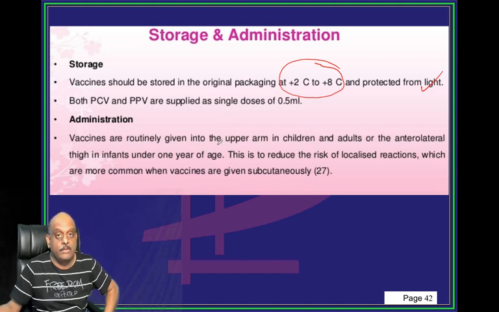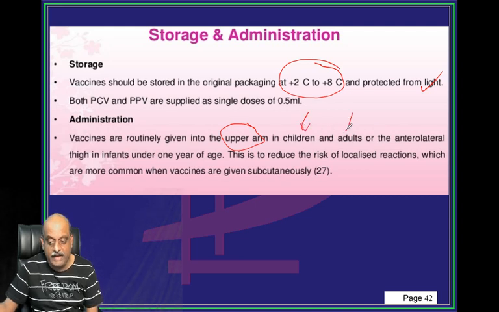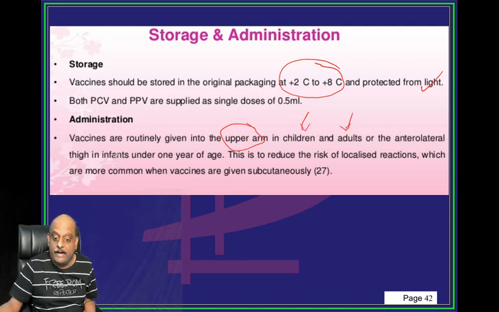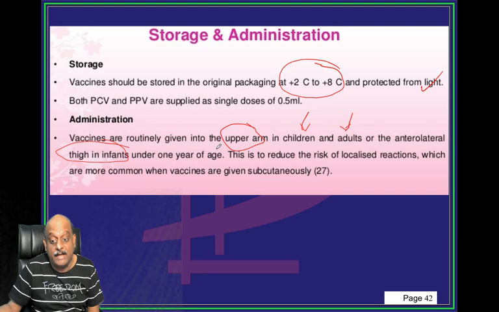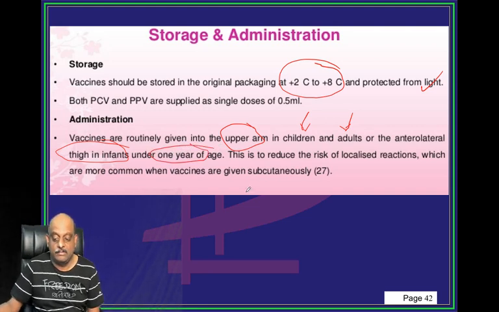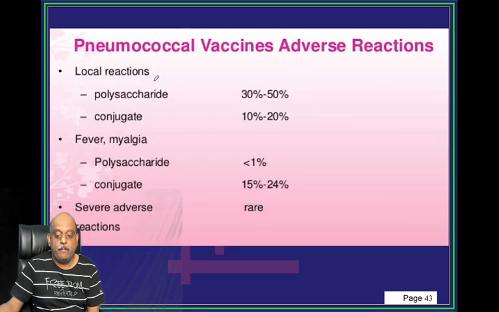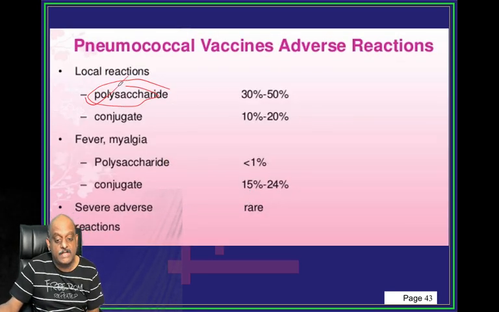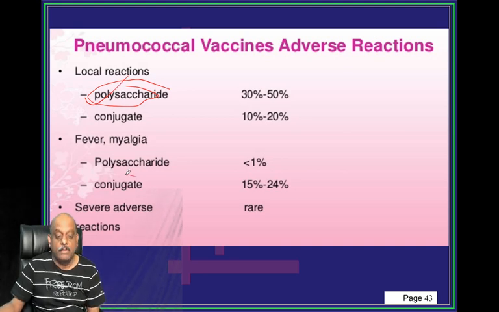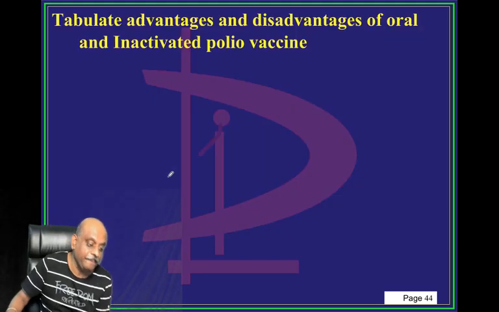And where do you administer it? In the upper arm in children and adults, or the anterolateral thigh in infants under 1 year of age. If it is a polysaccharide vaccine, local reactions are more. Fever and myalgia are more with the conjugate vaccine. That's the point you need to remember.